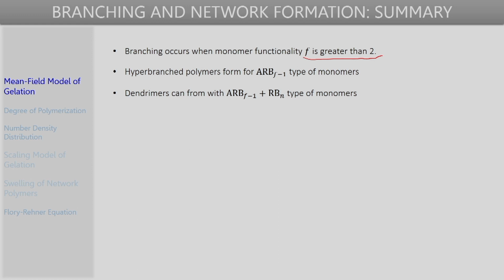Similarly, if we have an ARB f minus 1 plus RB n kind of monomer combination, then under controlled conditions, if properly done, we can get highly ordered branched polymer structures called dendrimers. We also discussed gelation or network formation this week.